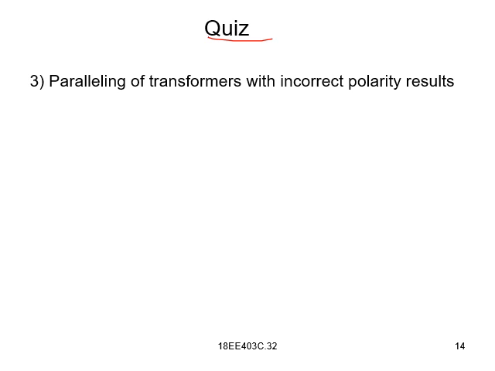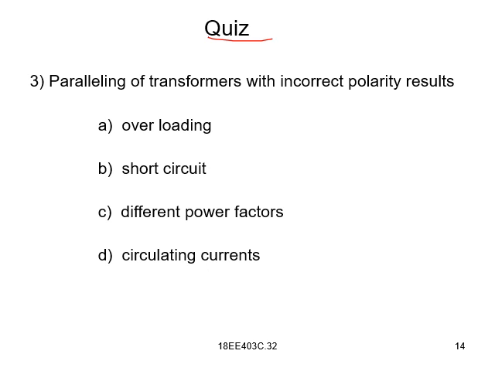The next question: paralleling of transformers with incorrect polarity results. Just guess. Actually the condition is polarity must be same. But if polarity is not same, paralleling of transformers with incorrect polarity results: overloading, short circuit, different power factors, circulating currents.